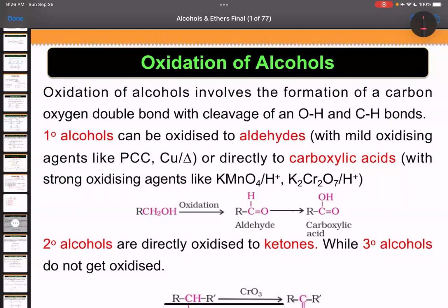Yeah, oxidation of alcohol. What do you get? When you oxidize alcohols, we get aldehyde, carboxylic acid, and ketone.